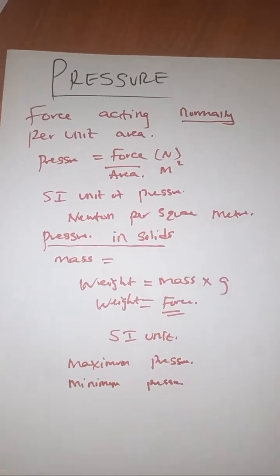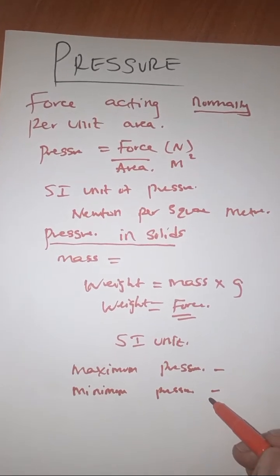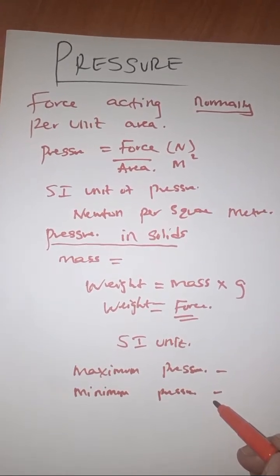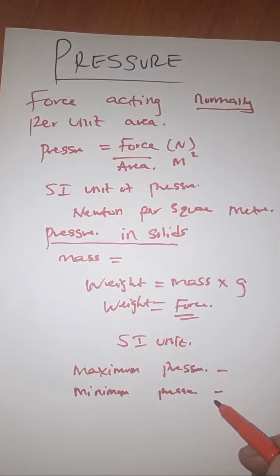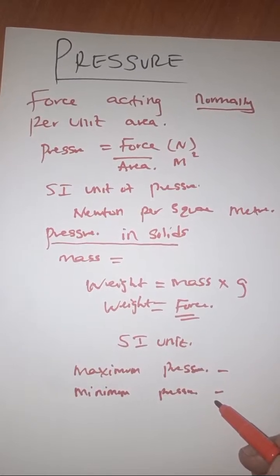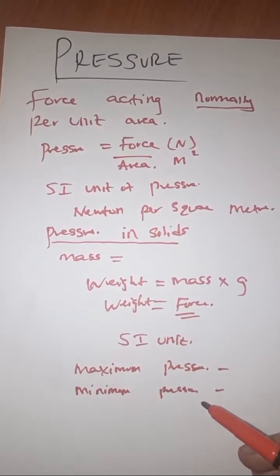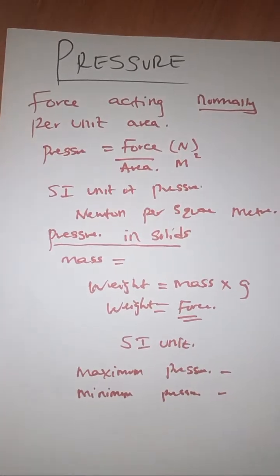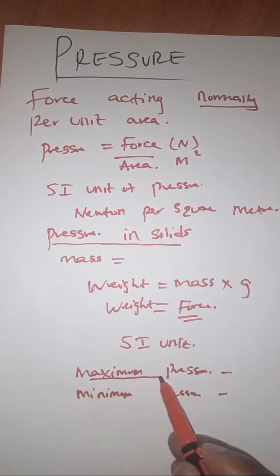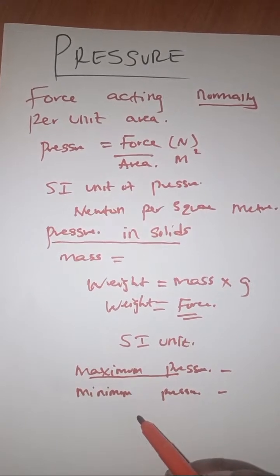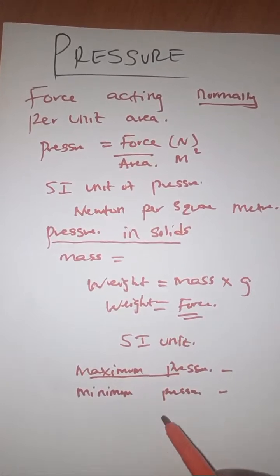Have you ever asked yourself why, when someone is wearing a high-heeled shoe and it is raining or the ground is soft, they are unlikely to walk comfortably? Of course, because they are exerting a maximum pressure onto the soft ground, and therefore the shoe would sink.